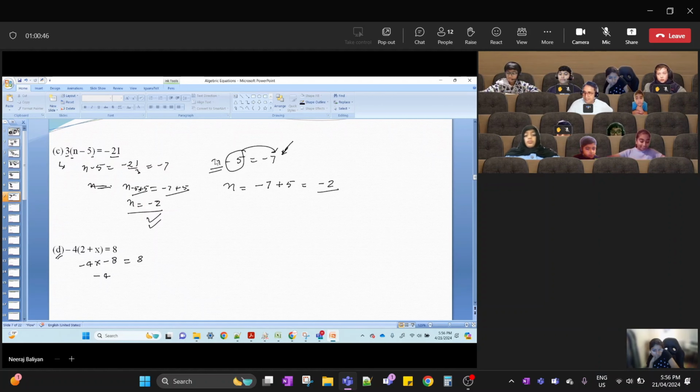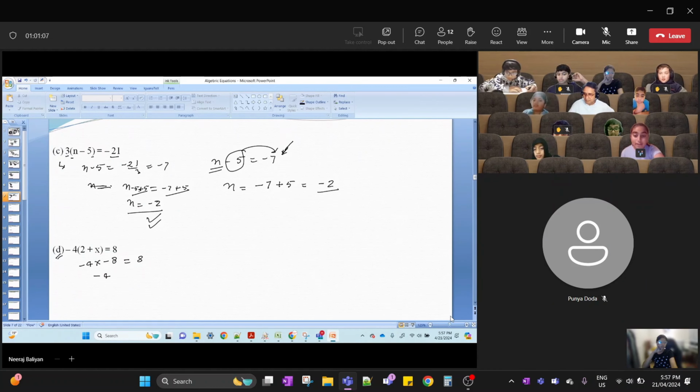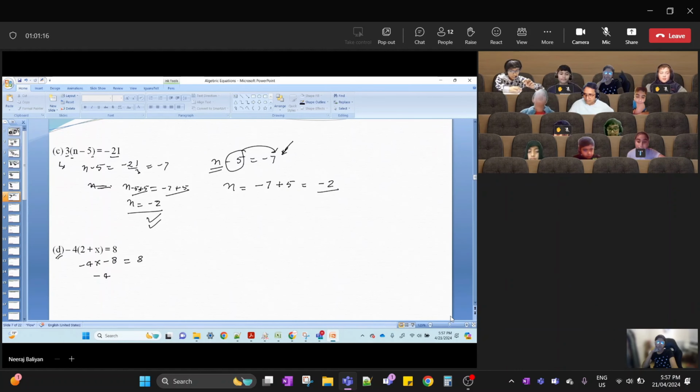Okay. So let's try together. Want to give it a try, Piana? So I got minus 4 as the answer. Okay. So how to do that? So we bring minus 4 onto the part where it says is equal to 8, and it becomes minus 2 plus x is equal to 8 plus 4.